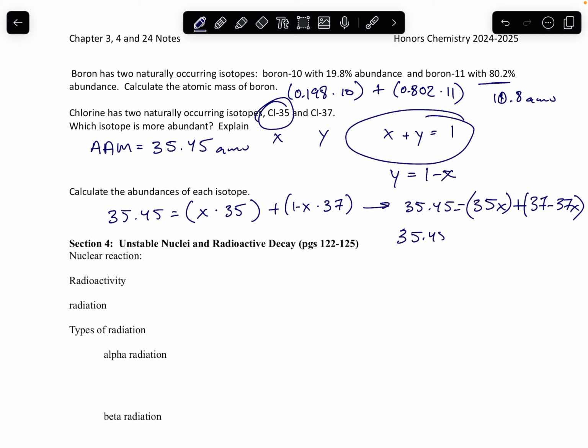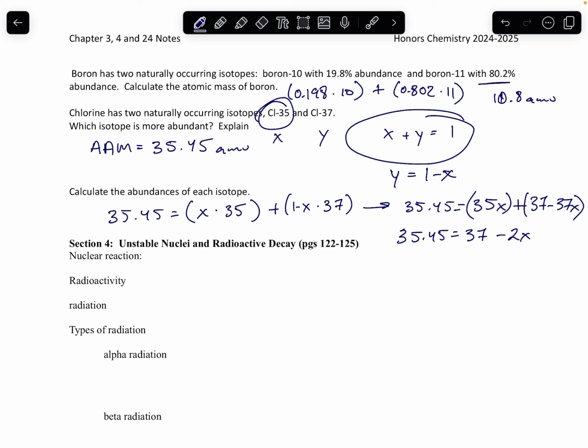Okay, so I've got 35.45 equals 37, all right, and then I've got 35x and plus a negative 37x. Okay, so minus 2x.